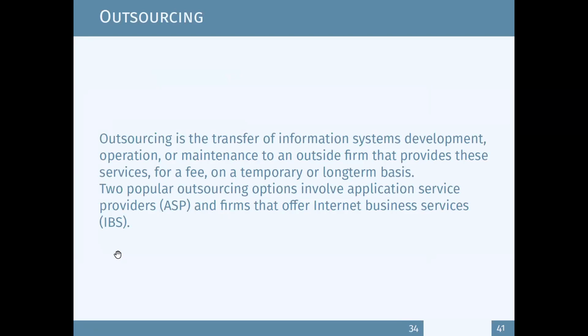Right. Now we have discussed development strategies, but another option is that you can outsource. Outsourcing means you transfer the information system development and/or maintenance to an outside firm. Usually you agree on a fee for a year, and then they perform the service.